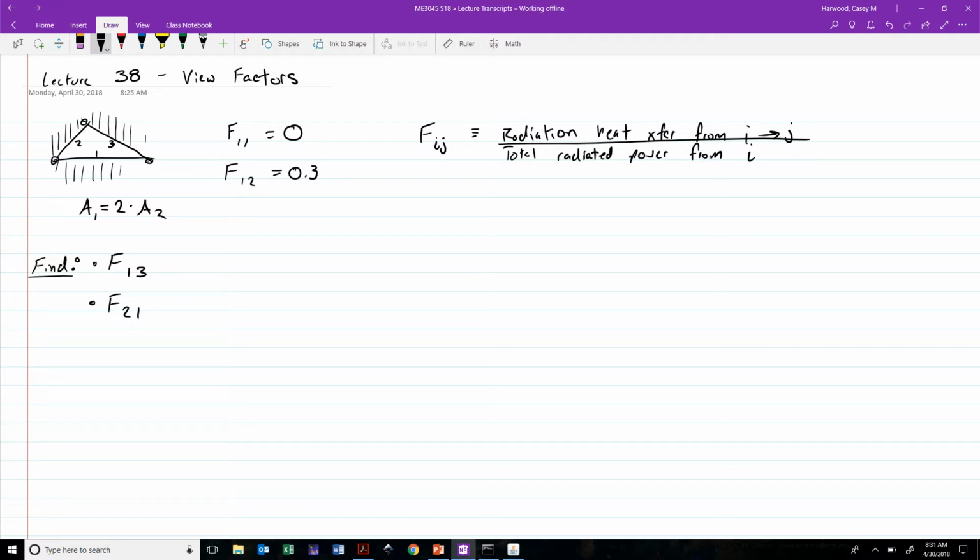So it's the fraction of the radiation leaving a body that hits another body. We call this the view factor, and we introduced the first two of a set of 4 rules that govern these view factors.